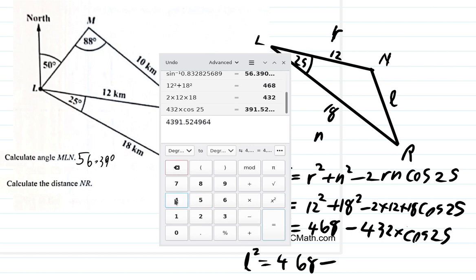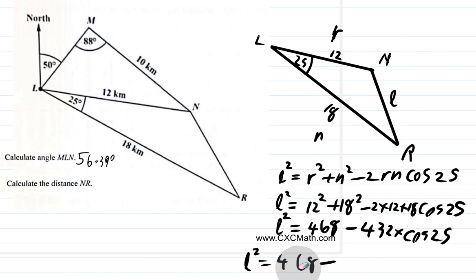Then 468 minus that equals 76.475. Okay, so 76.475 is l squared.